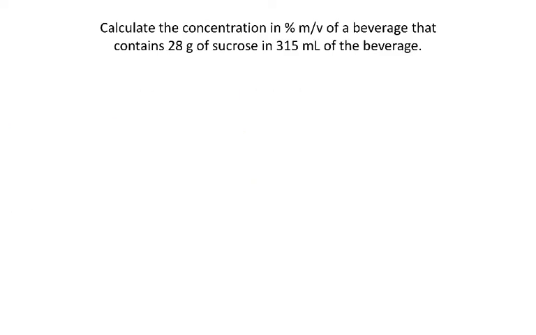Let's look at some percent questions. Remember that percent mass/volume always involves grams and milliliters. So we want to calculate the concentration in percent mass/volume of a beverage that contains 28 grams of sucrose and 315 milliliters of the beverage.